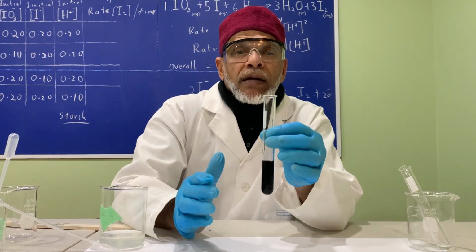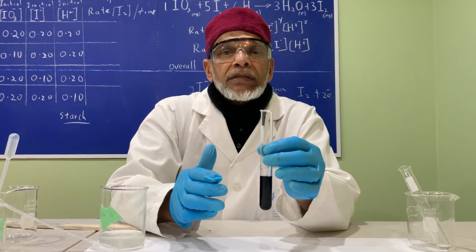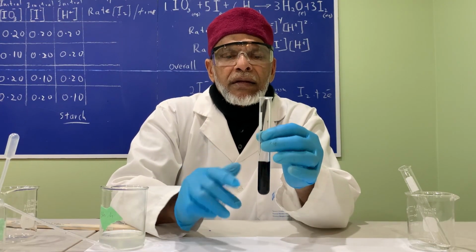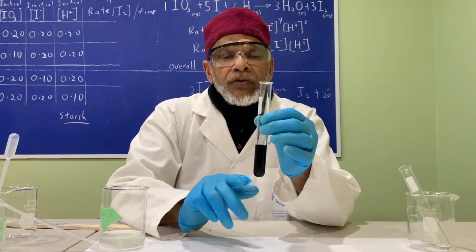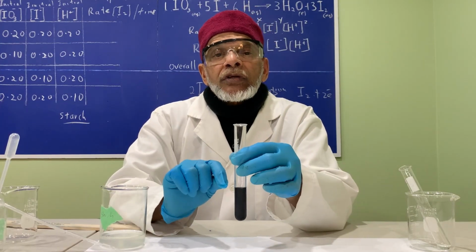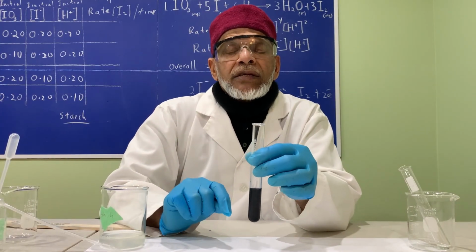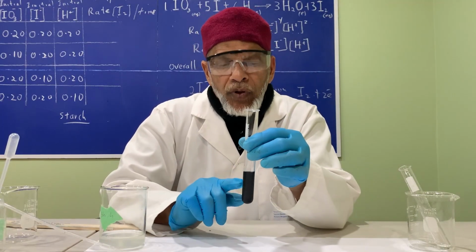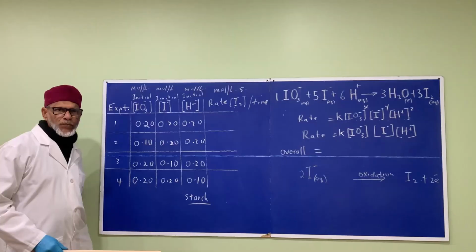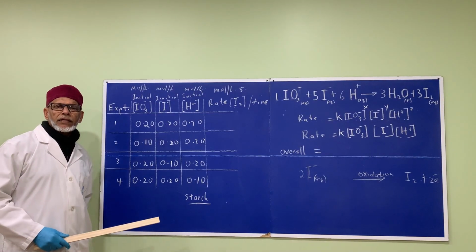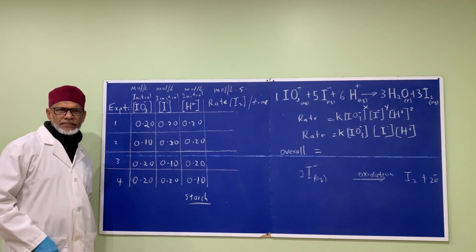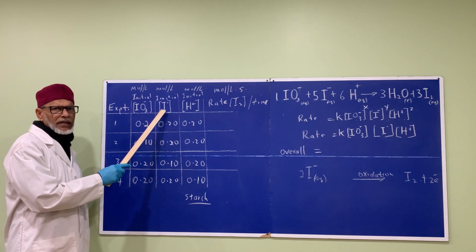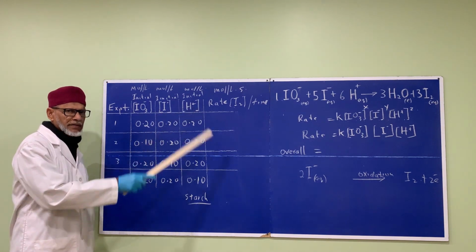So when we react iodate ions, iodide ions, and hydrogen ions together, iodine will be produced, but in one of those solutions, we have added some starch to it, such that when the iodine is formed, we'll end up with that color. As we did in the previous activity, we have different concentrations of iodate, iodide, and hydrogen ions.